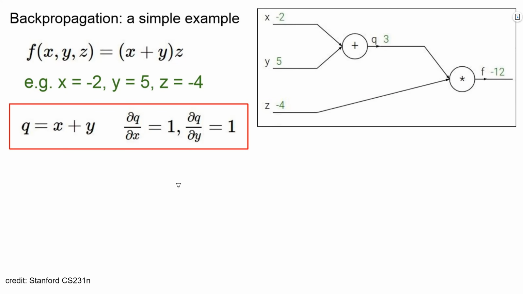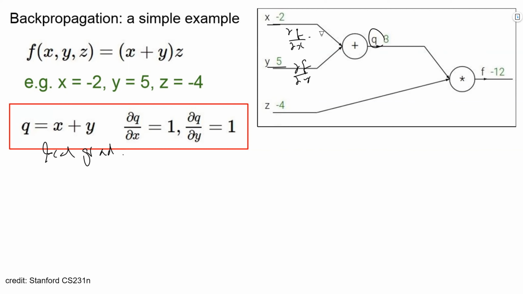And when we want to calculate the backpropagation or gradient for all the components, we're going to calculate local gradients first. Here, x and y get added and result in q. And we're going to calculate the local gradient here: q derived by x and q derived by y, like this.